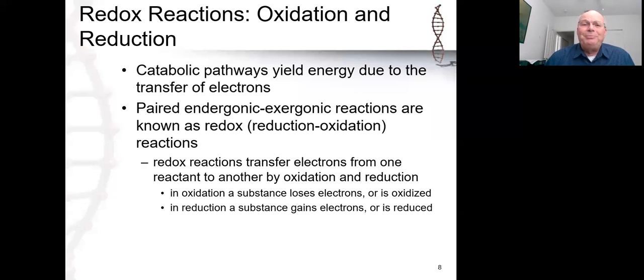Oxidation represents the loss of electrons in this transfer. A molecule involved in one of these chemical reactions that gives up electrons is said to be oxidized or undergoes oxidation. A chemical that then receives those electrons is said to be undergoing reduction and is referred to as being reduced. It's really important that you understand these two terms, oxidation and reduction.